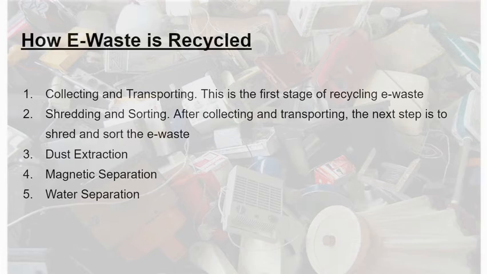Next we do some dust extraction, so any dust in the waste they remove, and then magnetic separation, so any metals they separate, and then water separation. If there's any moisture or water that gets into these devices, it's very hard to recycle, so they have to separate the water.